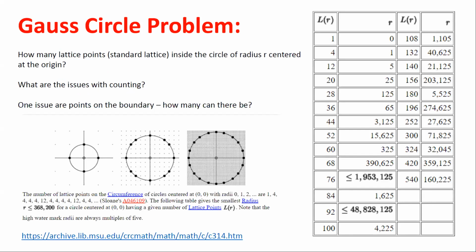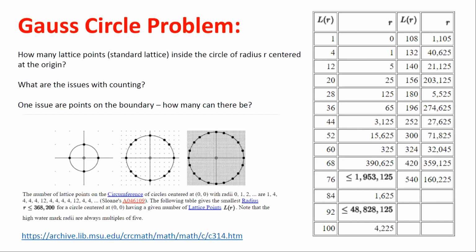Here is a plot of a couple of different radii and the number of points that you have on the boundary. There's also a little table here that gives you the smallest radius such that the number of points on the boundary is at least the following.